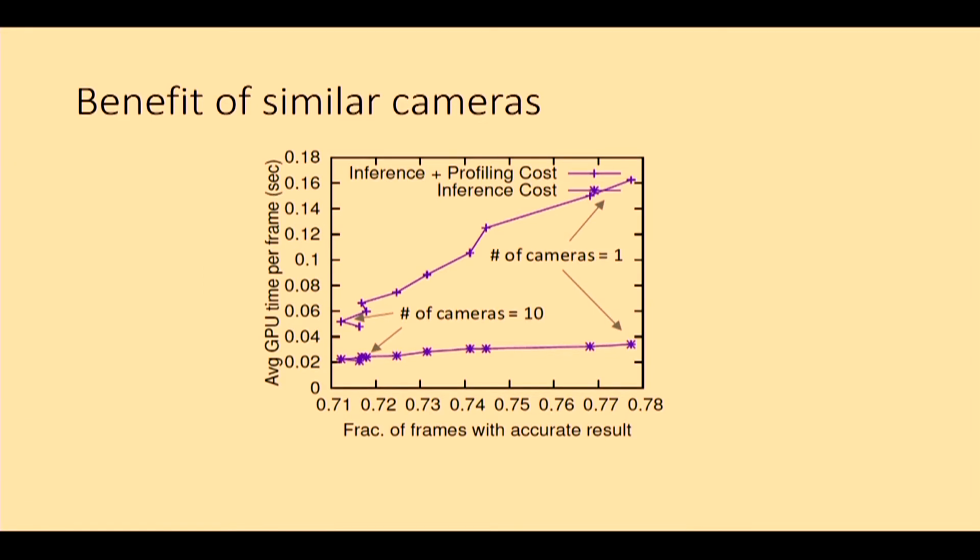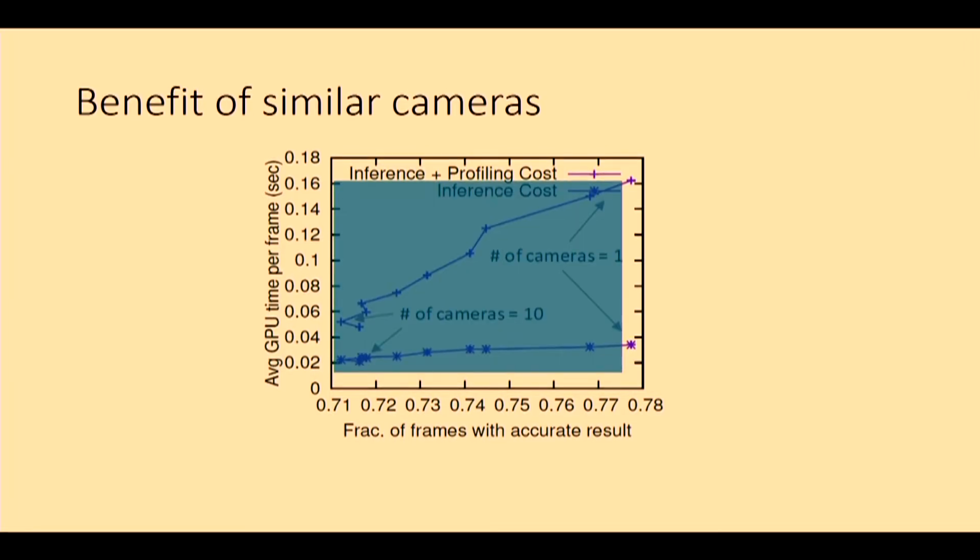I wanted to highlight the benefit of using multiple cameras, because we think that this cross-camera correlation idea is an important idea. So here's a graph that shows, again, cost versus accuracy, but it starts off with using one camera in a group and increasing the number of cameras in the group. I'm showing 2 lines here because the bottom line is just the cost of running your configuration. The top line includes the cost of profiling.